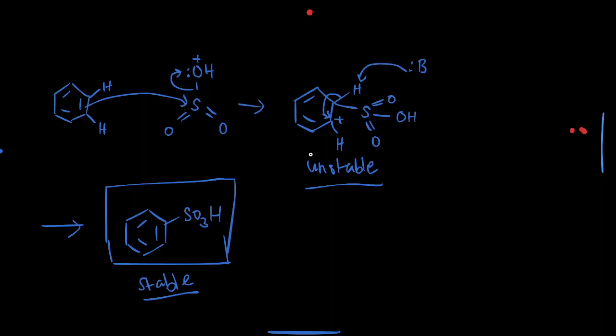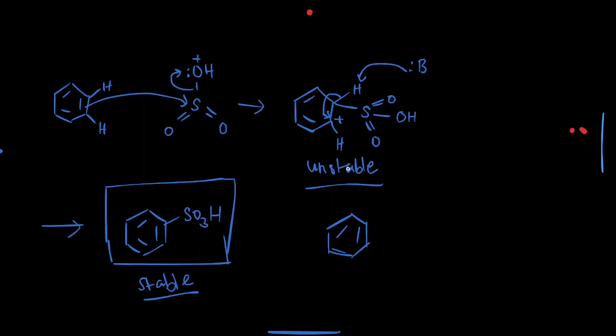But what's important to understand is that this intermediate is very unstable, and that's because our benzene is an aromatic molecule. It is aromatic, and that is a very stable condition. And so in this case here, when we break that double bond, we have lost the aromaticity of our benzene, and so it is going to want to return to that stable aromatic state, which is possible in this benzene sulfonic acid.